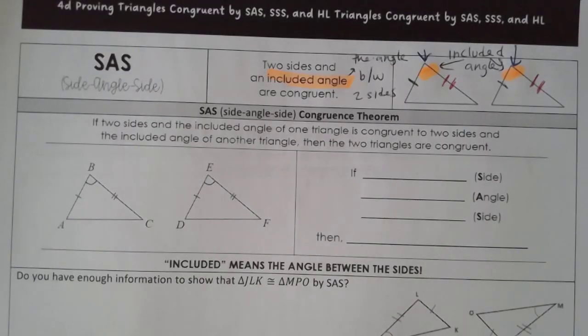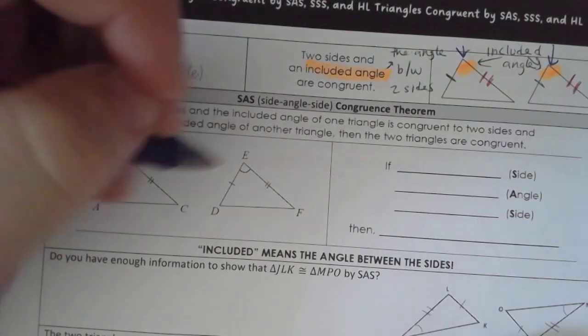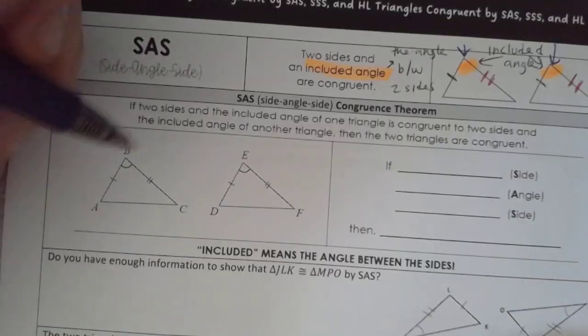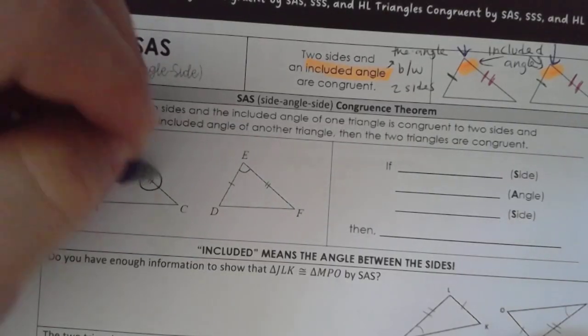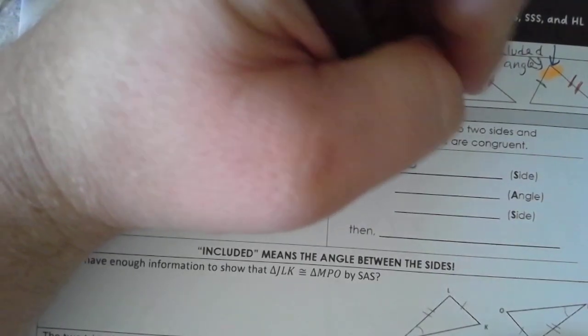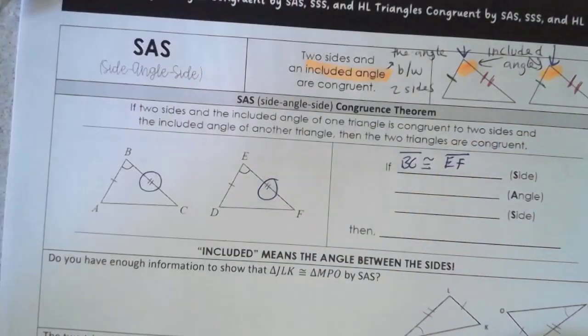Yeah. Which one is it? Well, there's 2 of them. Okay, can you just give me one combination, please? B and C and E and F. So side BC is congruent to side EF right there.